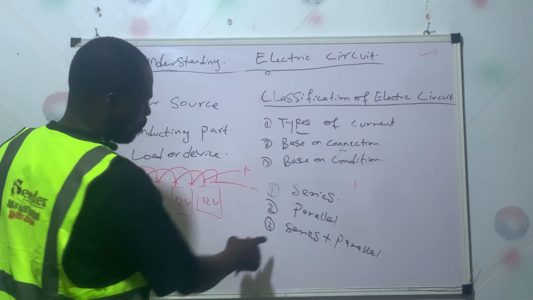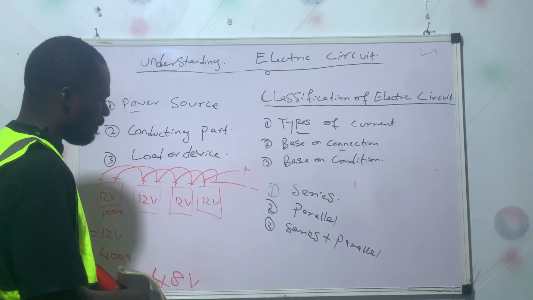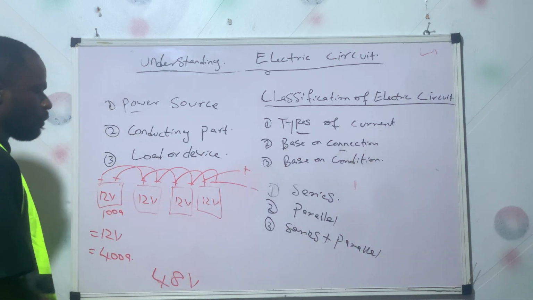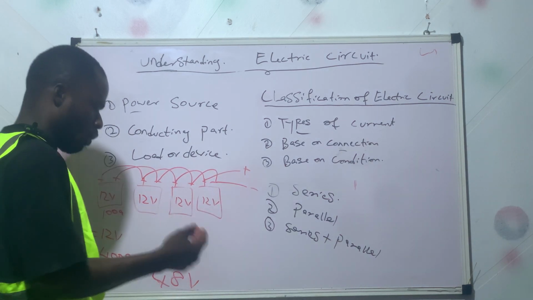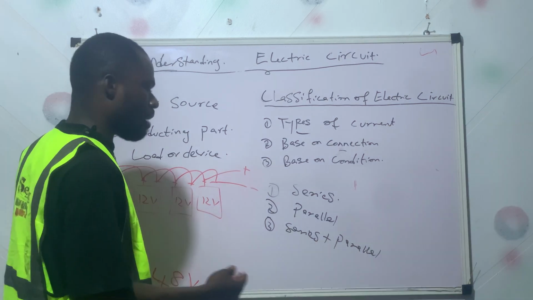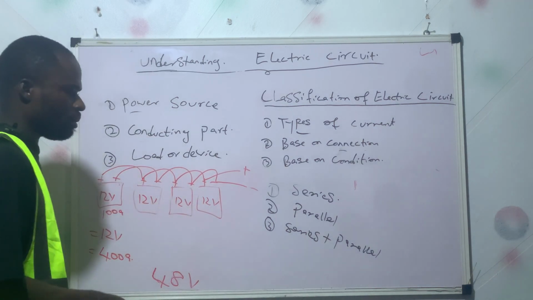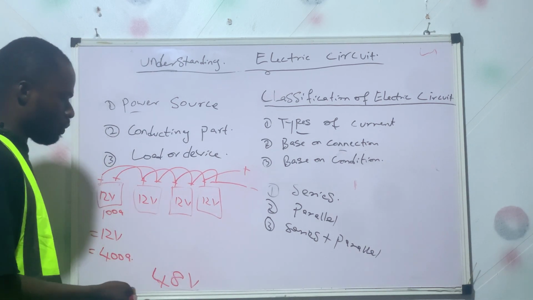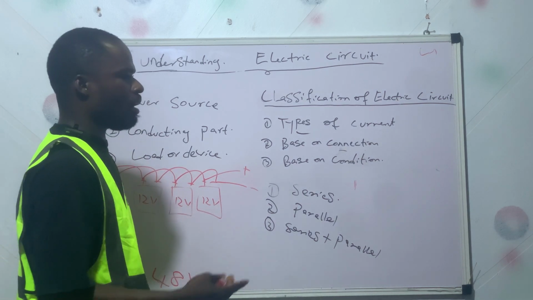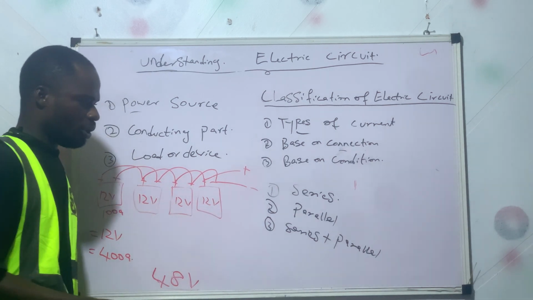So let's move forward to series and parallel connection. Sometimes in inverter installation, you need to make up for the voltage of your device and the current that is also needed to give you a reasonable outcome, because depending on the size of your installation, especially when you want to install a solar panel, because of your charge controller to be properly connected and functional, you need to make use of series and parallel connection.